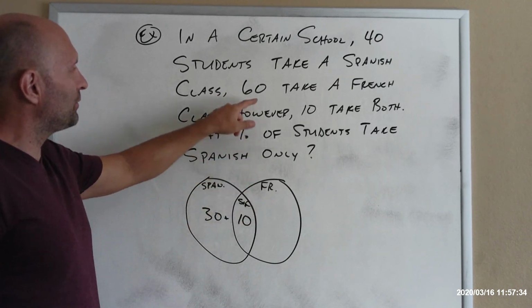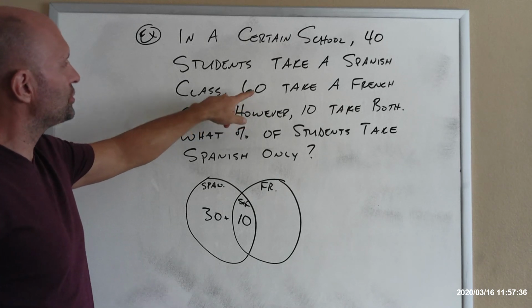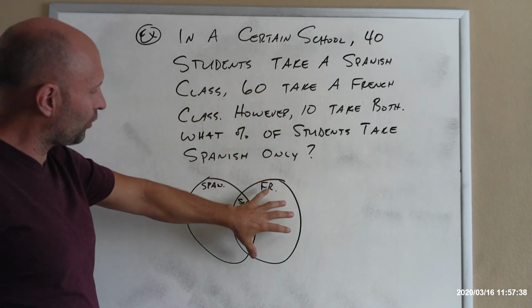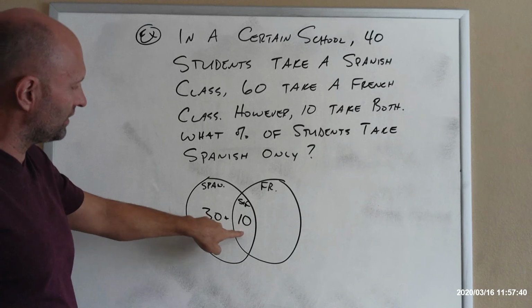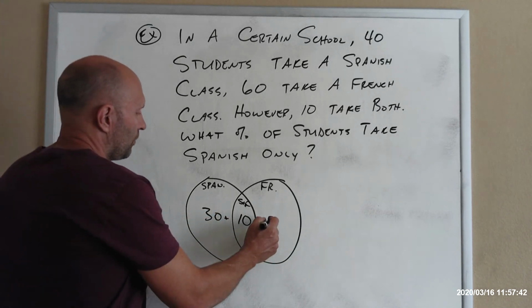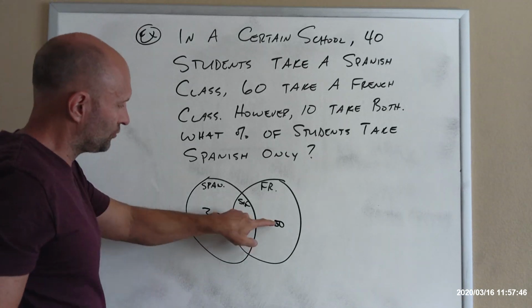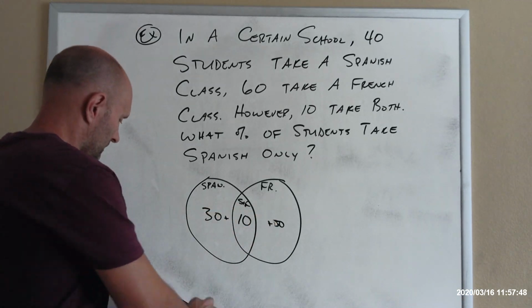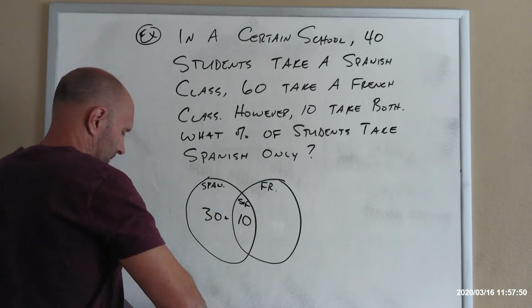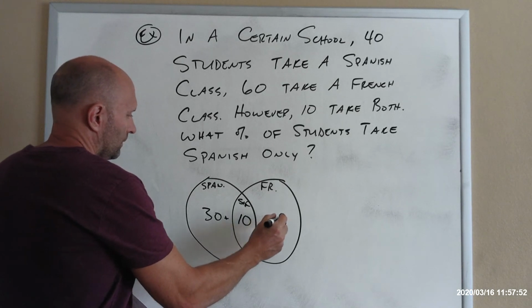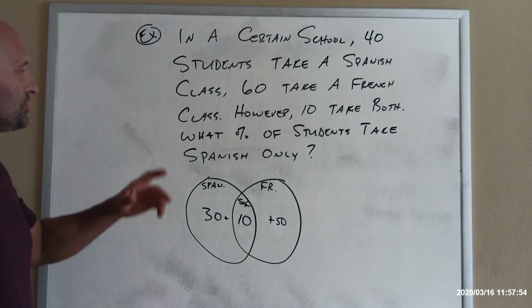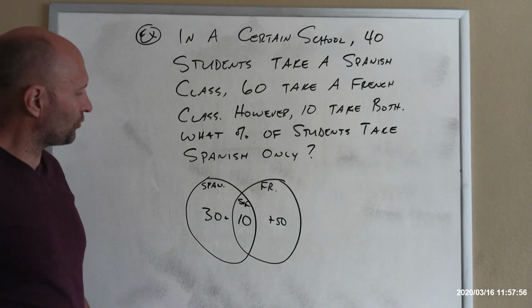We don't really need it, but we can do the similar idea for French. If there's 60 total taking French, but 10 are taking Spanish and French, that means what? That only 50 are taking French alone. So the question is, how many are taking Spanish only?